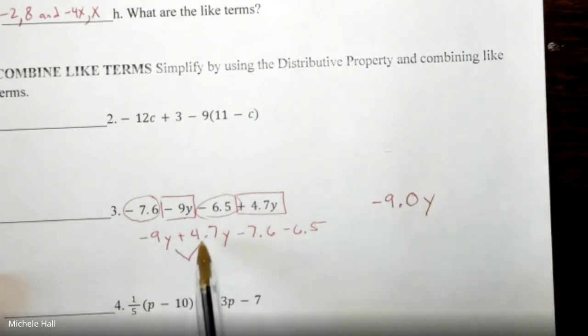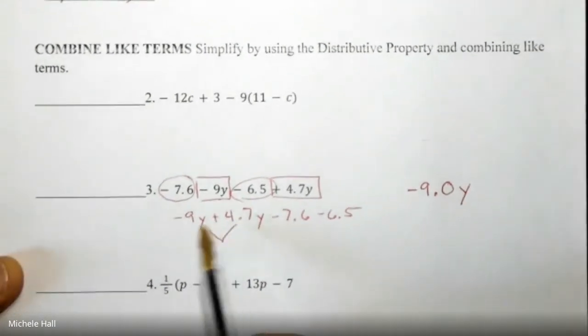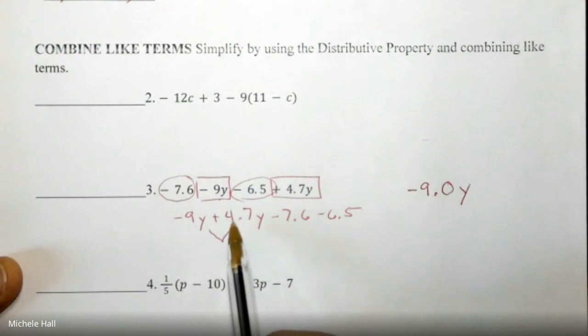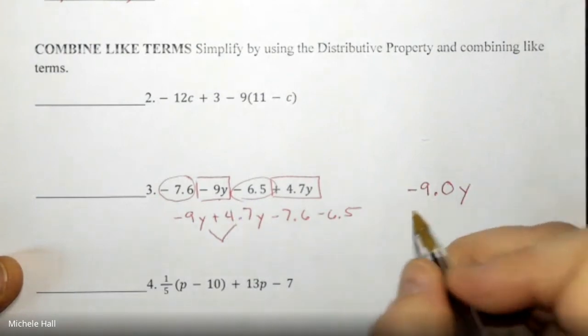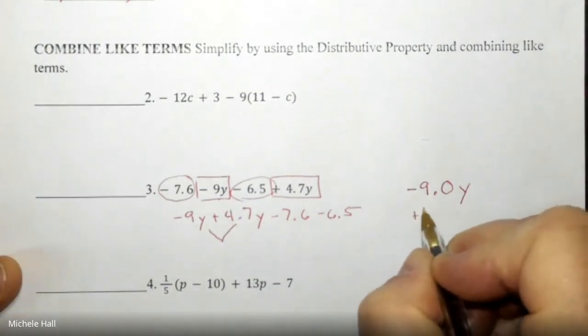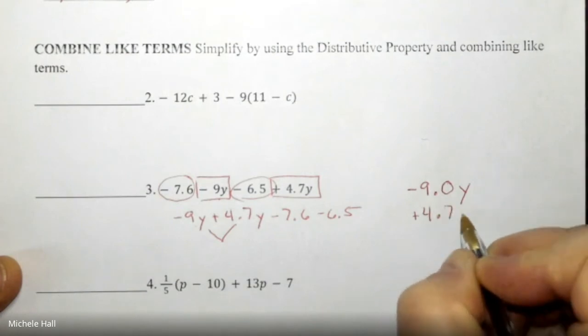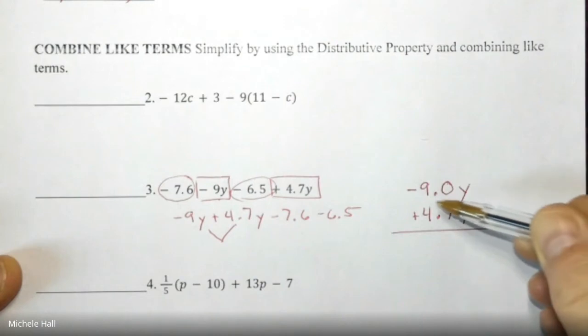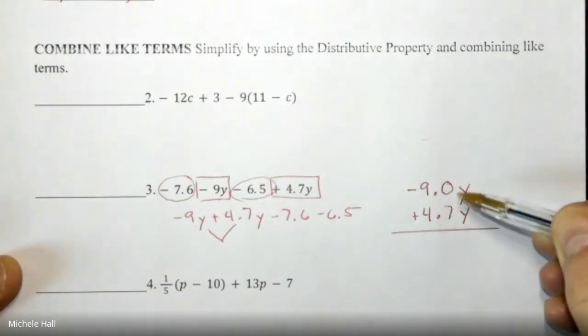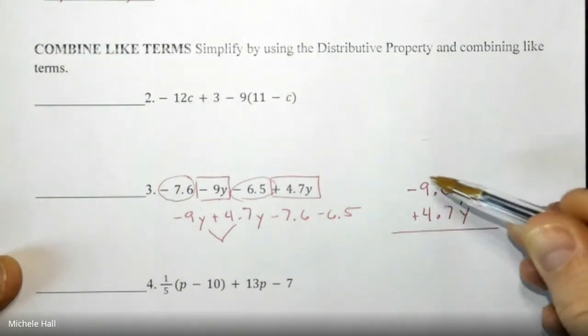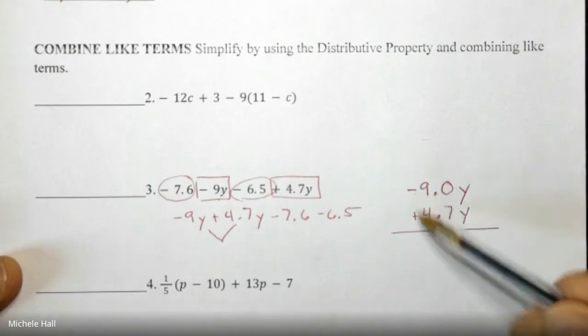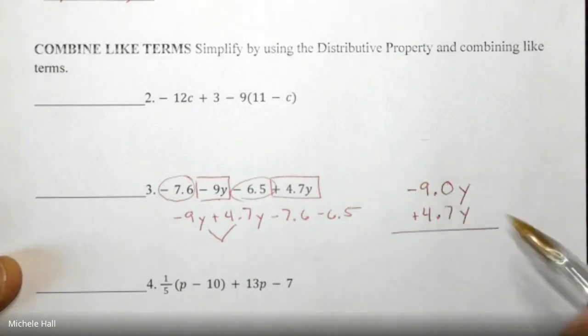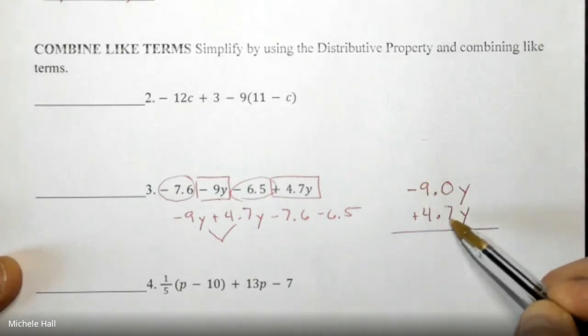These are different signs, so I need to subtract them. The 9 needs to go on top of the 4, and this is a positive 4.7y. I have my variable in the same column. I've lined up my decimals. I added a 0 to keep my place value. Different signs means I'm going to subtract. 0 subtracting 7, I cannot do.